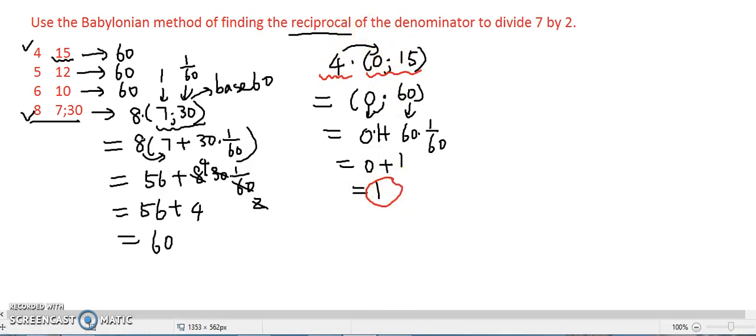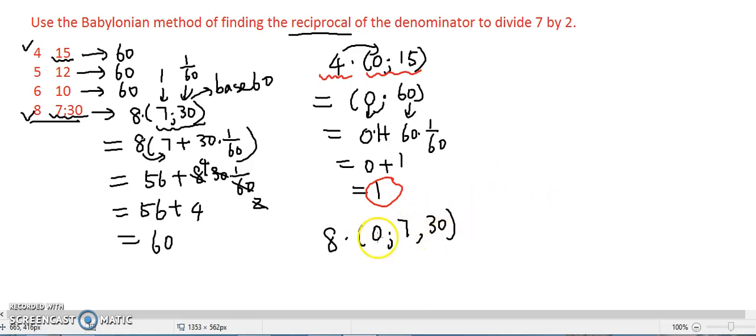Similarly, let's look at the last one, 8. Again, I need to put another 0 in front of it to make both of them like decimals. So 8 times 0; 7, 30. Because 7 is one place and 30 is one place, I'm going to put a comma to separate them so we won't think it's 730.